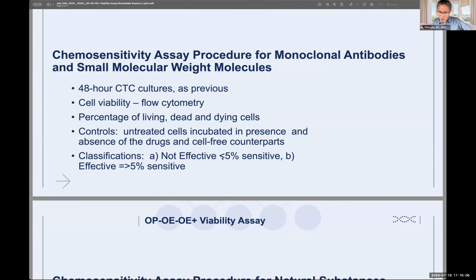If it's less than 5%, it's not effective. After 48 hours, they determine the efficacy. If it's greater than or equal to 5%, it's sensitive. There's no high sensitivity and no partial. It's either effective or not effective.